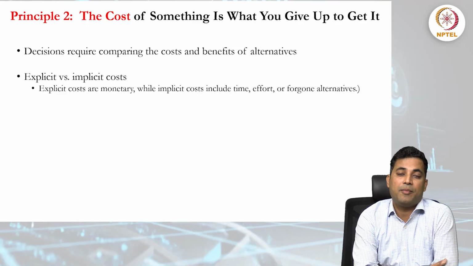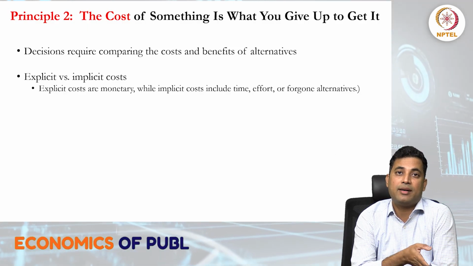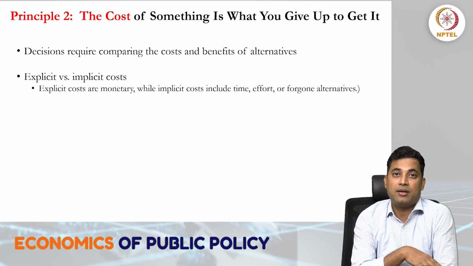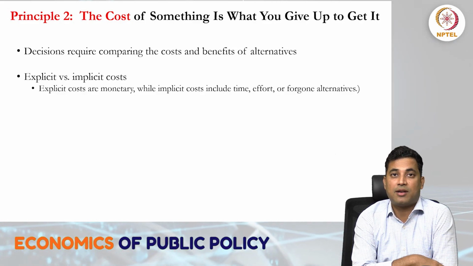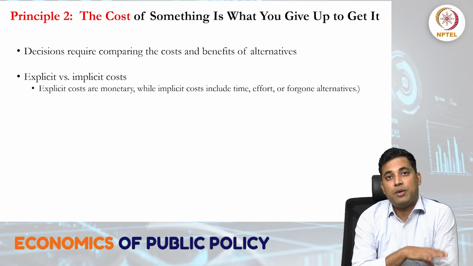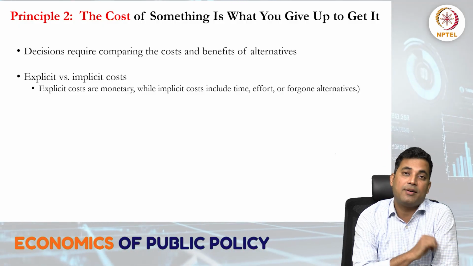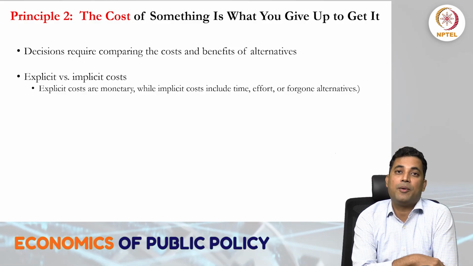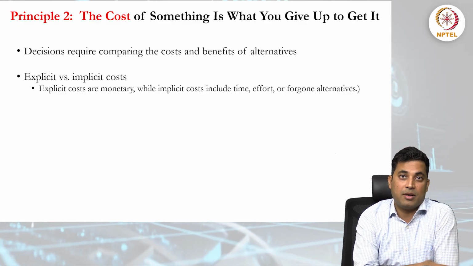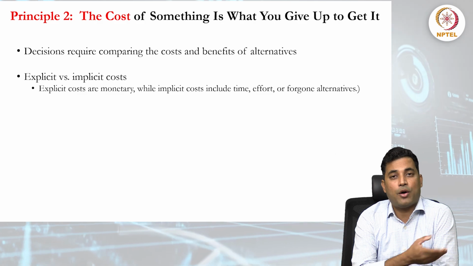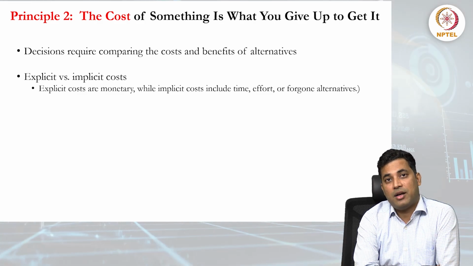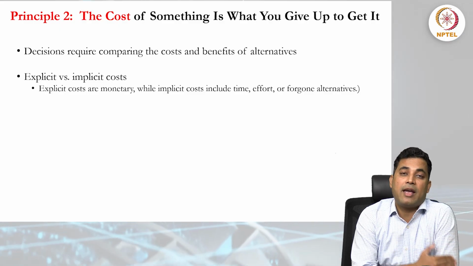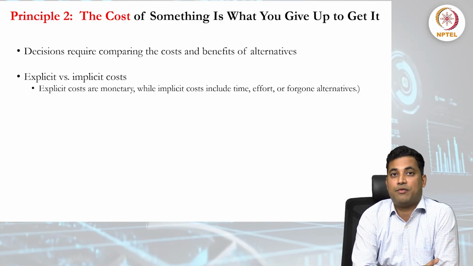If I want to go from one place to another, by public transportation or private transportation, I can calculate the cost easily: how much money I'll spend if I take my private vehicle, or how much money I'll spend if I take a public vehicle. So in monetary terms, explicit cost calculation is not very difficult.